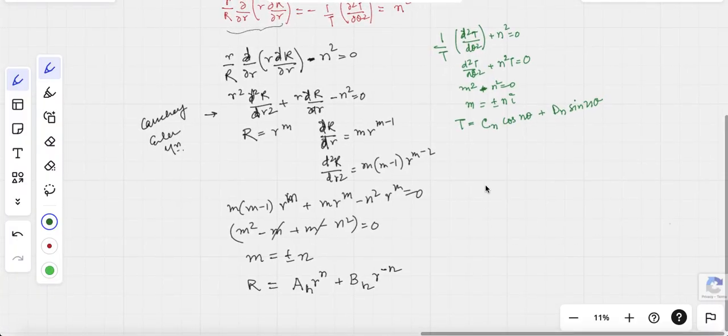So if we want, we have phi, which is R into T, phi equals the summation over n.